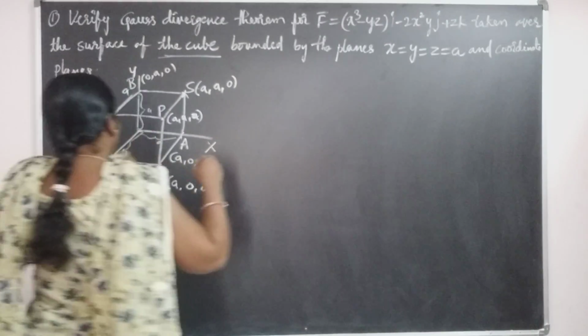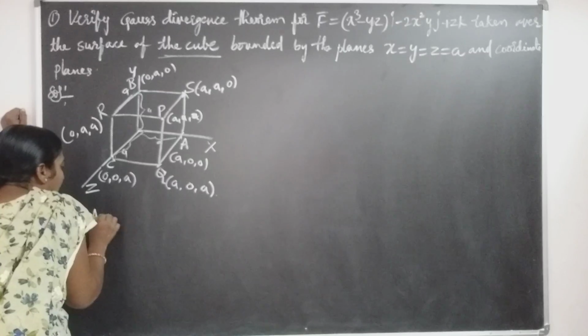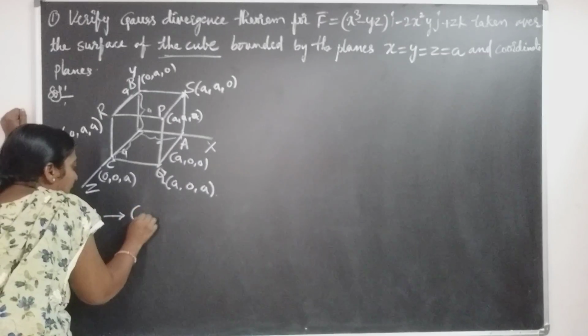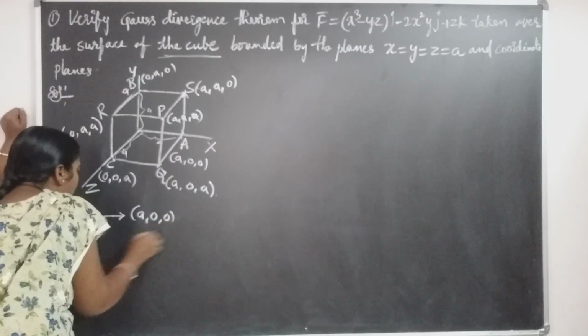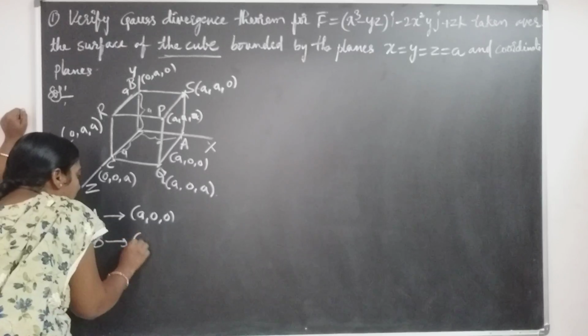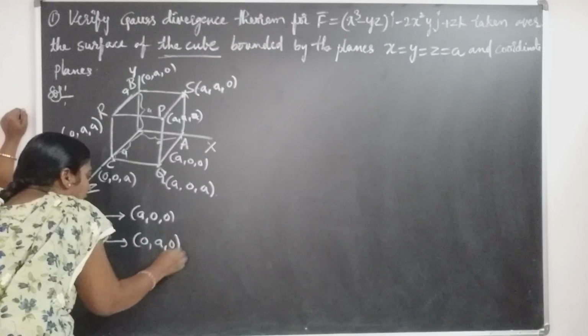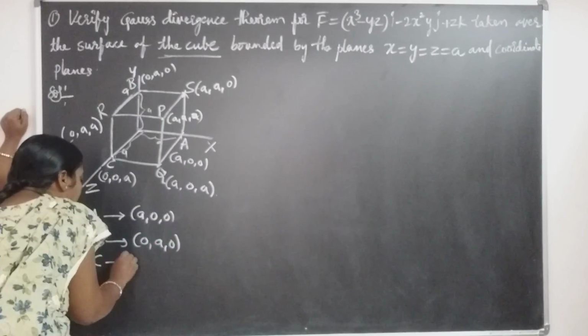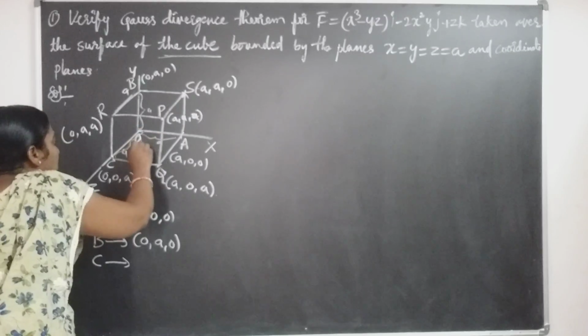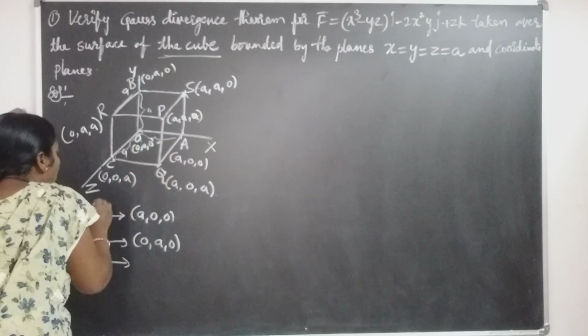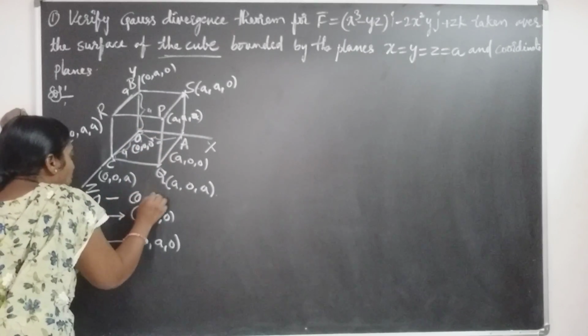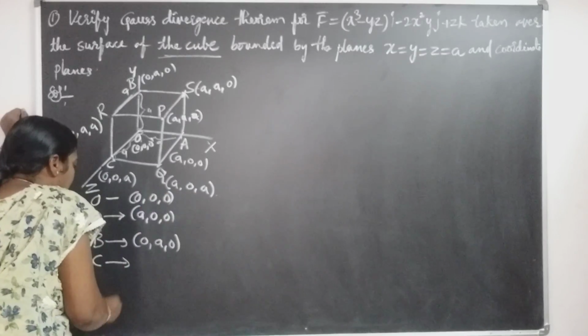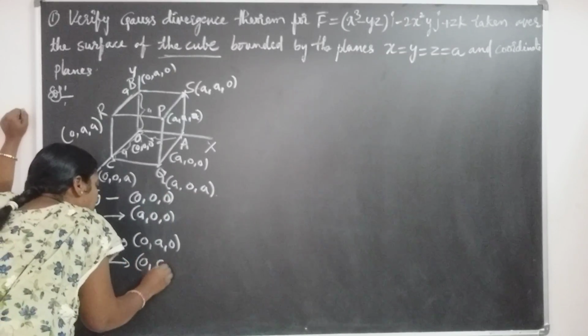Here I am writing them individually. The vertices are A (a, 0, 0), B (0, a, 0), because it is a cube. O is the origin (0, 0, 0). C is (0, 0, a).